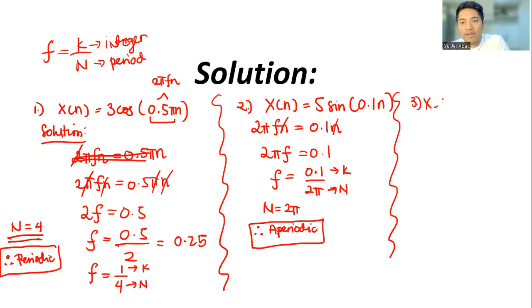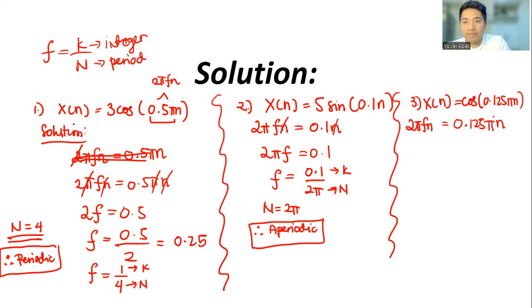So you have x of n equals sine or cosine of 0.125 pi n. So again, 2 pi fn, we want to get the frequency or the ratio of the k all over the period. So you have 0.125 pi n.